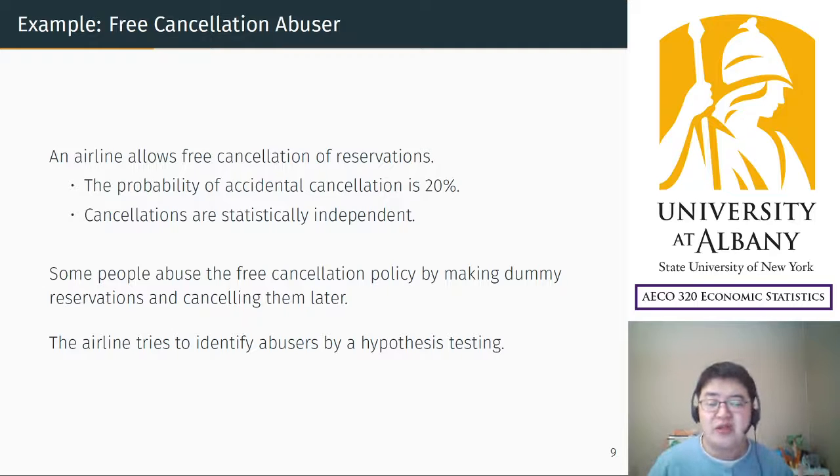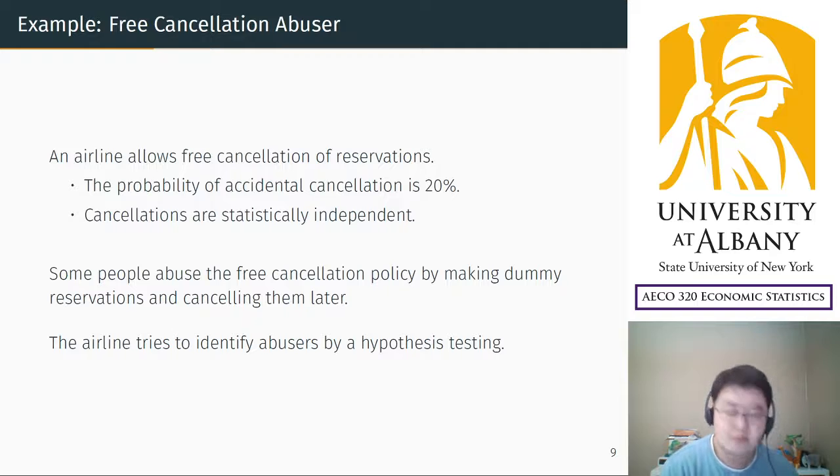So we define abuse in this way. Then the problem for the airline is to identify those guys. They want to identify abusers, and we may apply the statistical hypothesis testing framework in this case.